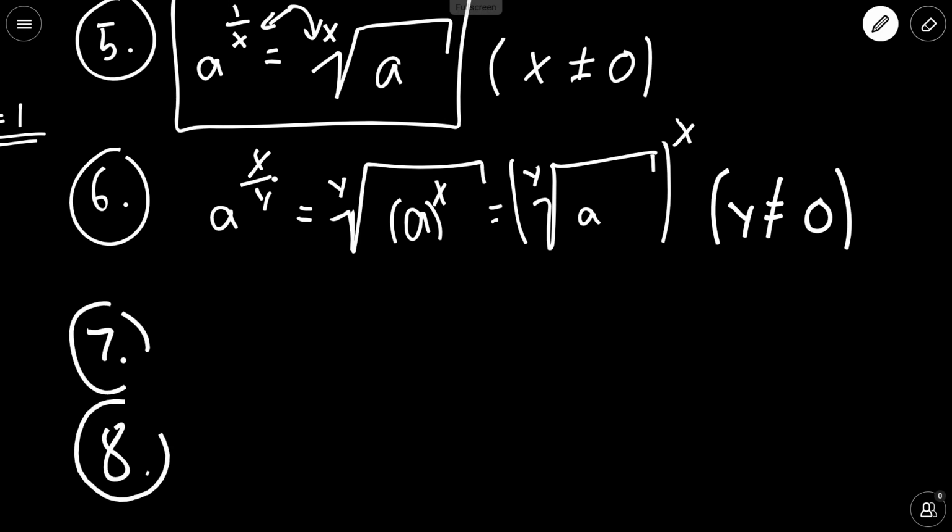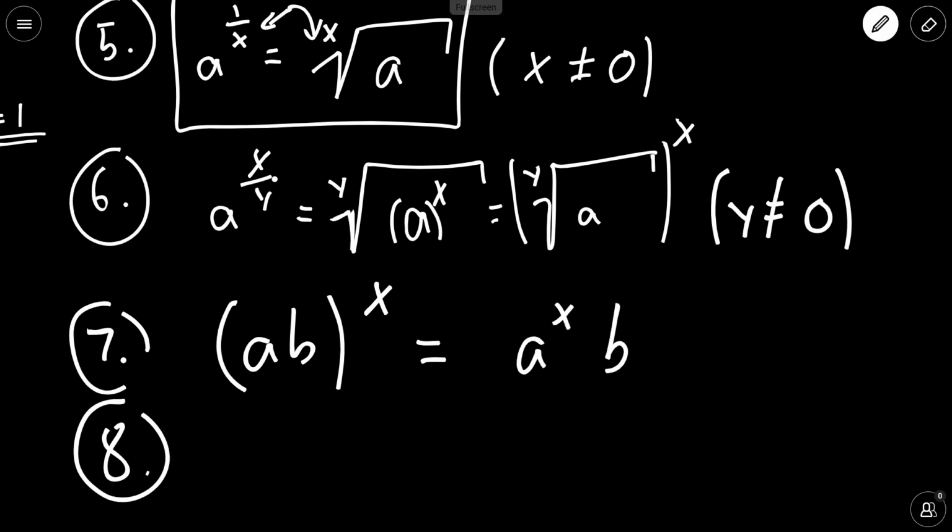2 last laws. They're not necessarily laws in itself, but 2 properties we can use. If we have something in brackets, such as a times b, and that's raised to a power, we can distribute this index to each term in the bracket. What do we achieve with that? We can get rid of the brackets.